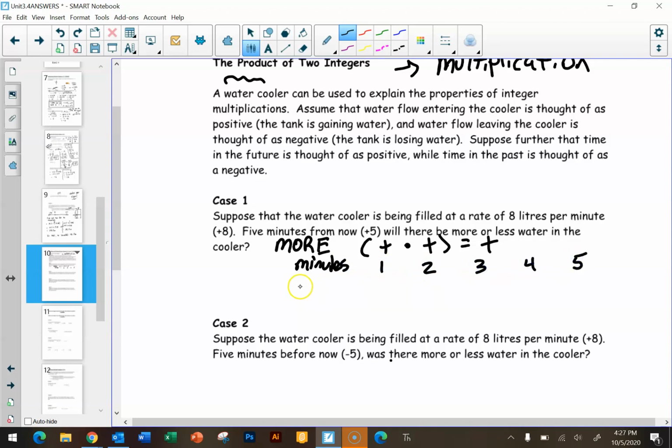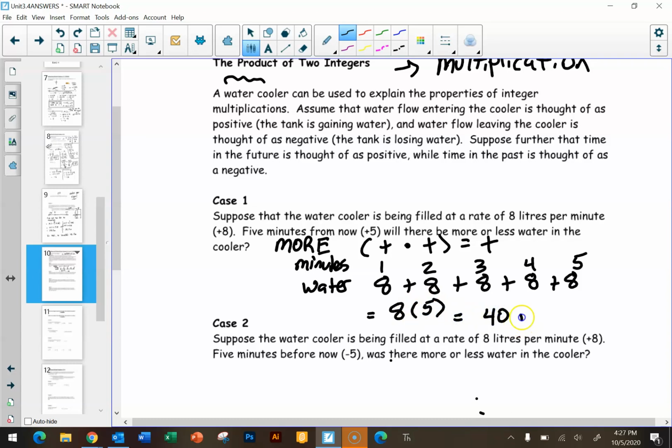And for each minute, how much water is being added? 8, 8, 8, 8, 8. So this is really 8 plus 8 plus 8 plus 8 plus 8. And when we have repeated addition like that, it's the same as multiplication. So really this is 8 times the 5 minutes, which is going to be 40 more liters.